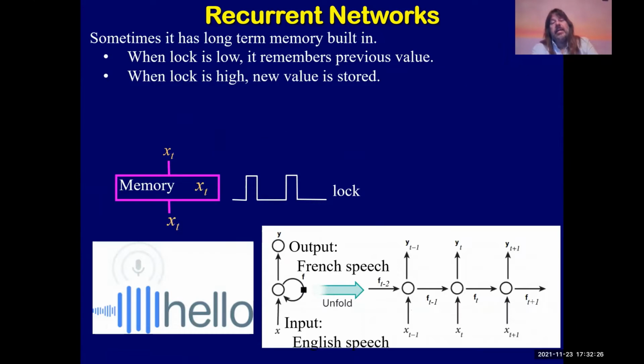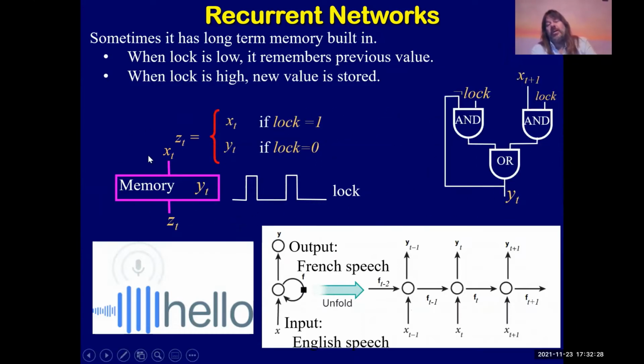And it's not hard to build such memory out of AND gates and OR gates. You could work out how it remembers if you want. But you'll note there's a little cycle in here. The cycle says, what do I want to remember? It feeds what I want to remember back into the register.